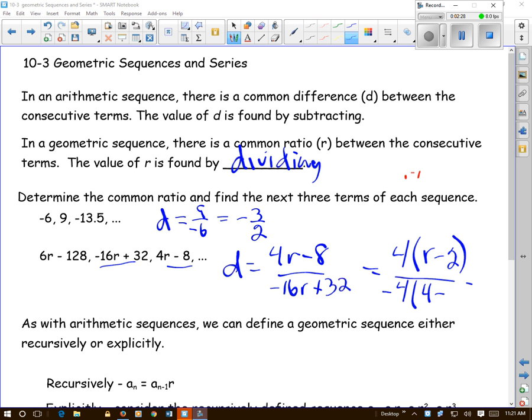Good idea, Caleb. Let's hold on to that and do that in a separate step, just because we're going to cancel the 4's nicely here. So we have -8. And we can cancel the 4's. Don't lose the negative, though. Be careful of that.